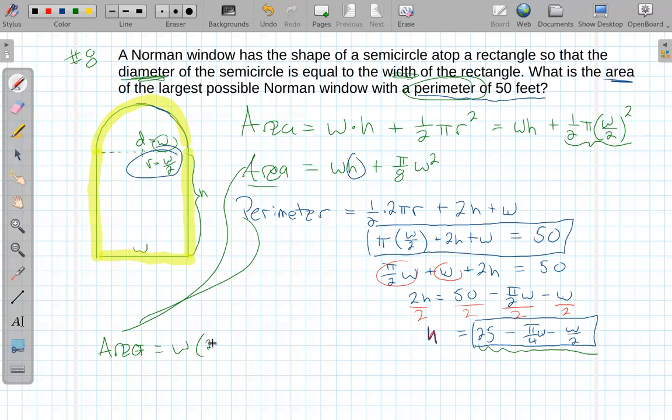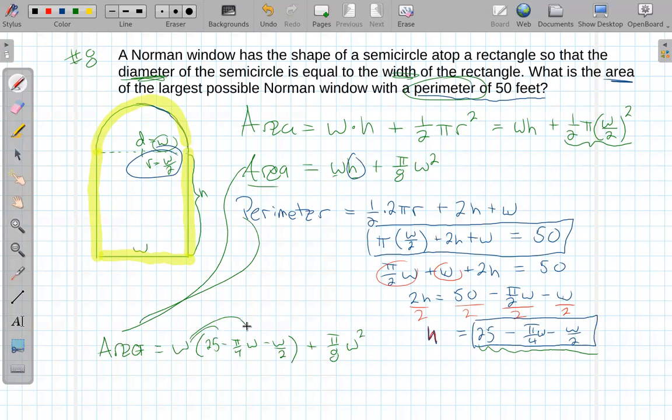Parentheses to be safe, 25 minus pi over 4W minus W over 2. And then we have our plus pi over 8 W squared. So W times H plus pi over 8 W squared, that looks good.